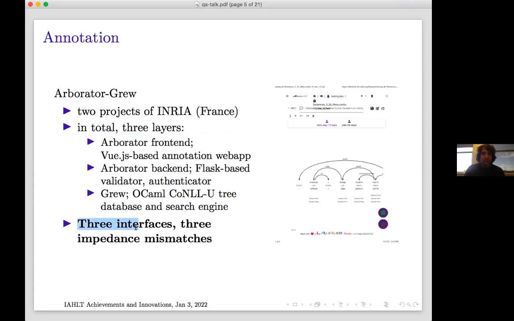So there are three layers here, meaning there are three opportunities for an impedance mismatch. If you're really good at counting, you know that between three objects, there are only two interfaces, right, if you have them stacked on top of each other. Anybody guess where the missing interface is?